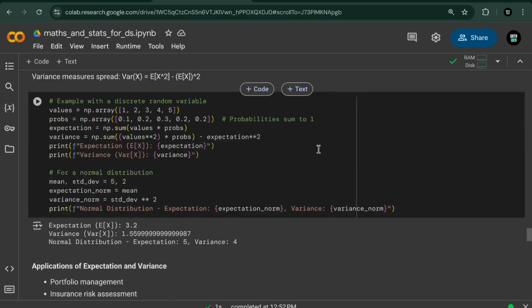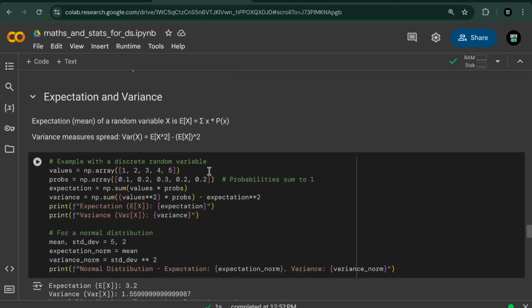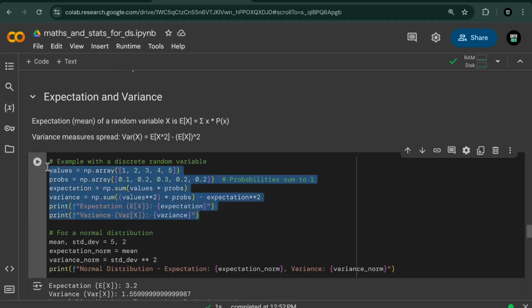Here I have some illustration of how we can calculate the expectation of a given data. Okay, and this video isn't to show you how to calculate this. I'm just covering the concept so that you know it is there and you can do more about it.